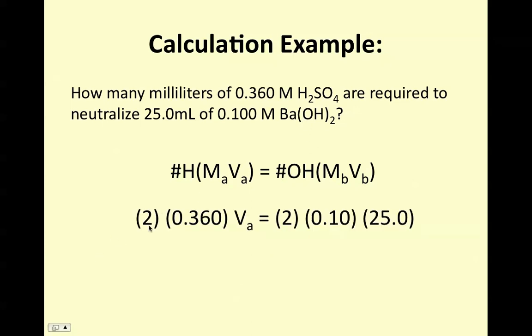So 2 hydrogens times the molarity of the acid is going to be multiplied by our unknown, which is the volume of this acid that's needed. And then on the right-hand side, we have 2 hydroxides, a 0.1 molar solution, and we're using 25 milliliters of it. Then multiplying and dividing each side, we get a volume of 6.95 milliliters needed of our sulfuric acid.